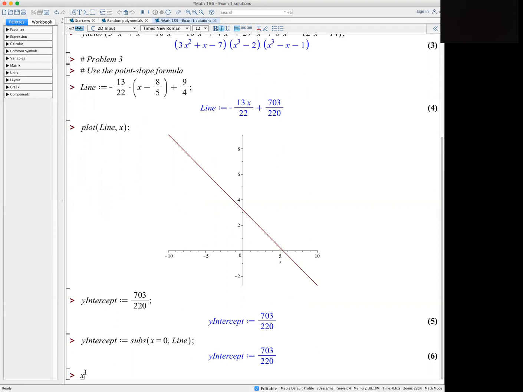And the x-intercept, that's where the line crosses the x-axis. That's the value of x when y is equal to 0. So that's what you get when you solve the equation the line equals 0 for x.